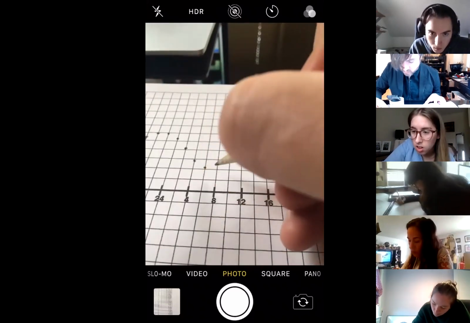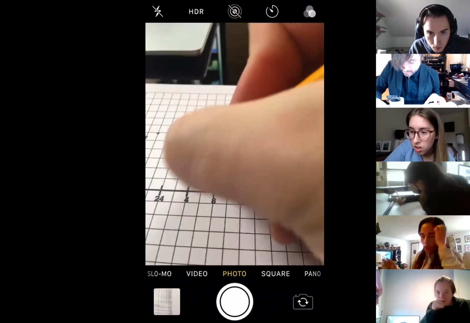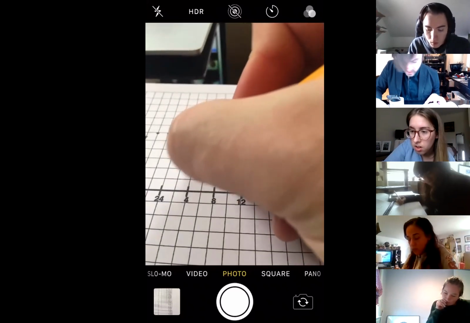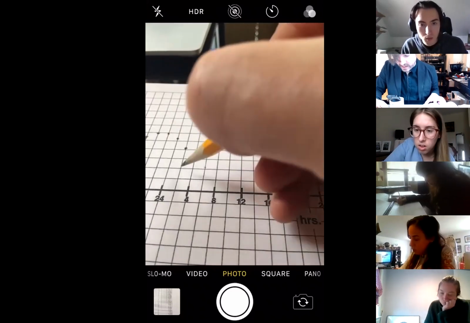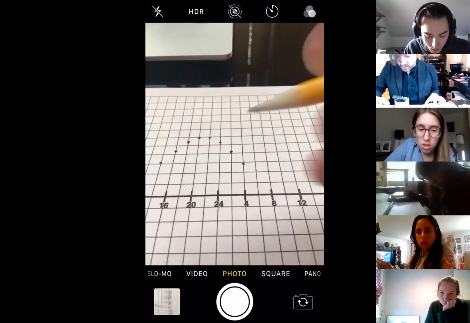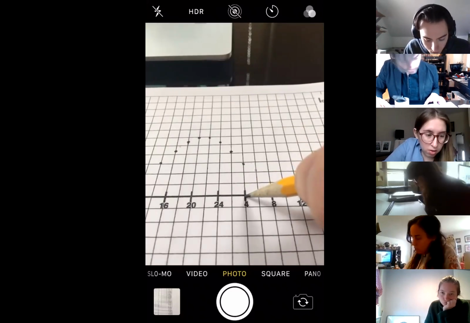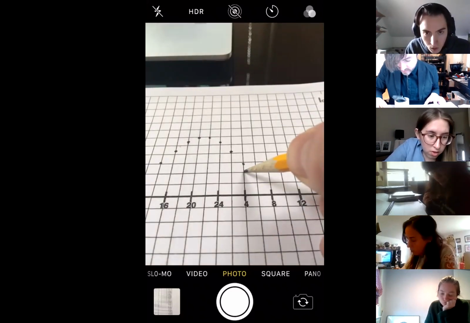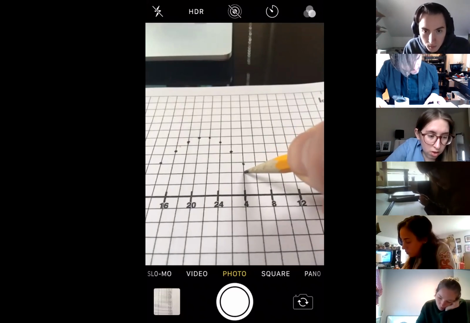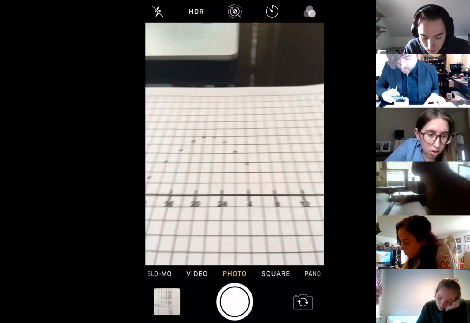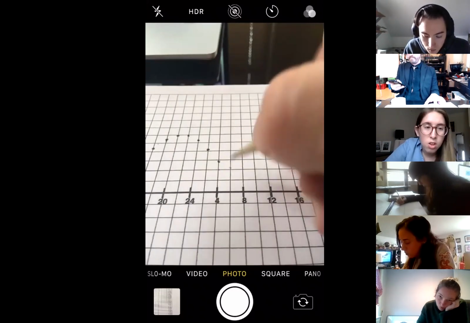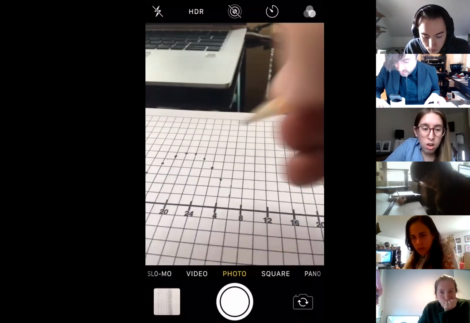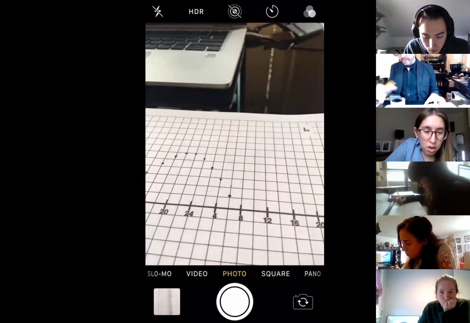0.23. Oh, whoa. I just goofed. Okay, guys, I think I made a mistake here. I got to go back, sorry. 4 hours was 1.46. So that's right. But 6 hours was 0.64. Whoop. 0.64 should be above 0.5.